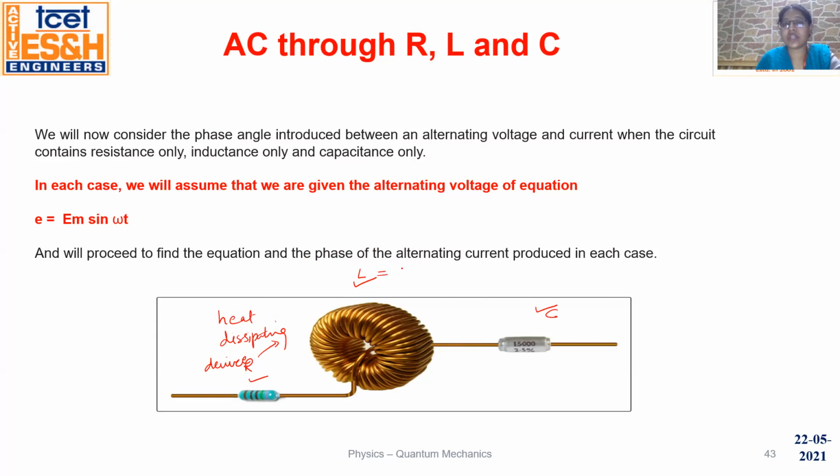Inductor stores its energy in the form of current in the magnetic field, and the energy is represented as half L i square. A capacitor is also a storing device, which stores the energy half C V square in the electrostatic field.